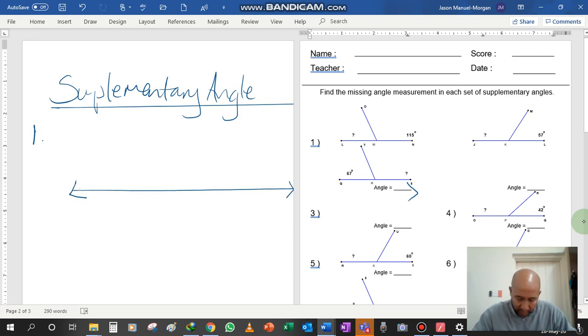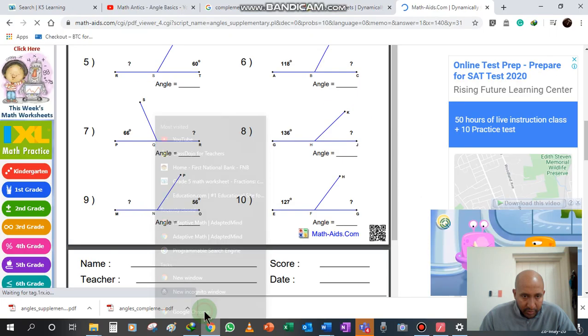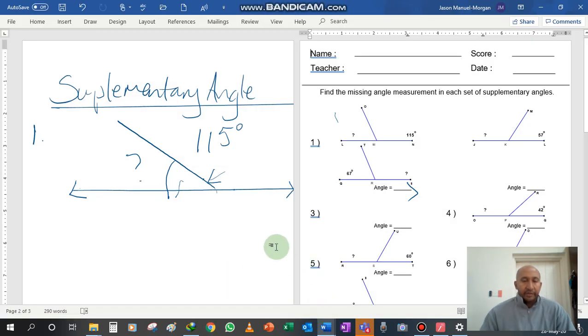And it has been divided into this angle here, which we know is 115 degrees, and we are asked to calculate this unknown. I'm just going to close my browser because it is really causing a lot of lag.